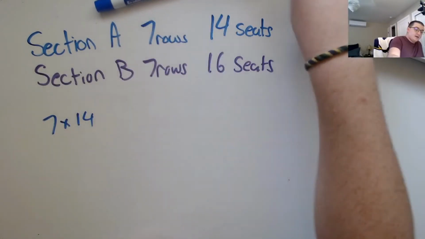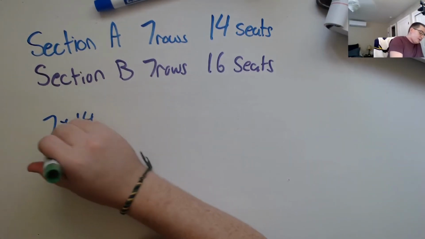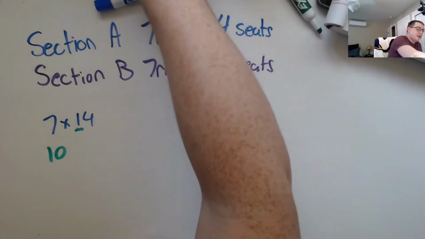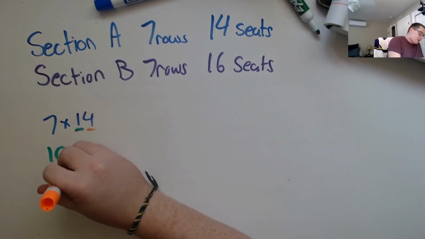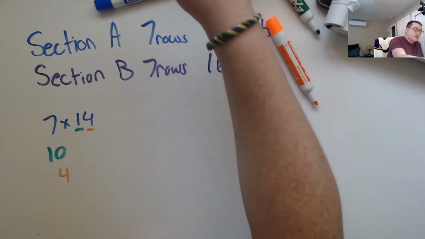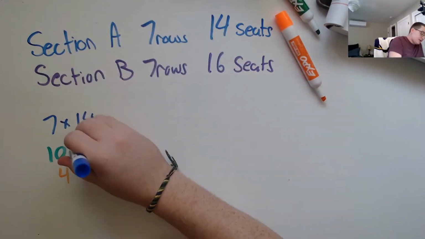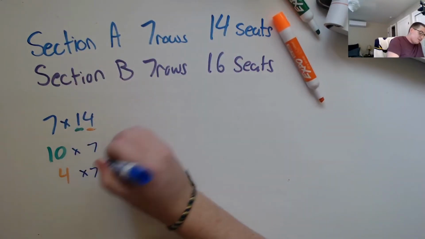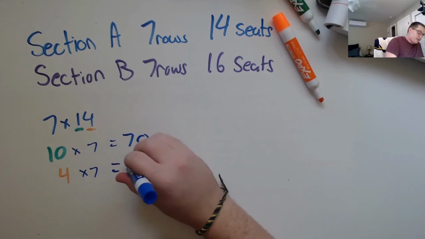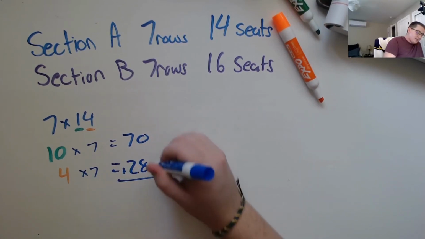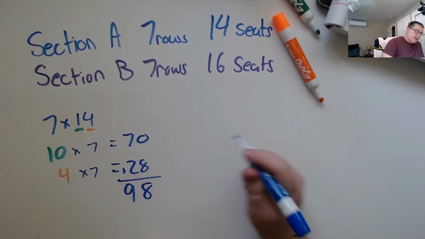And then let's, again, change that 1 to a 10. And then let's look at that 4. We're not really changing the 4, but we're leaving the 4 as a 4. And then we're taking 7 times 7. 10 times 7 is 70. 4 times 7 is 28. Add them together and you get 98.